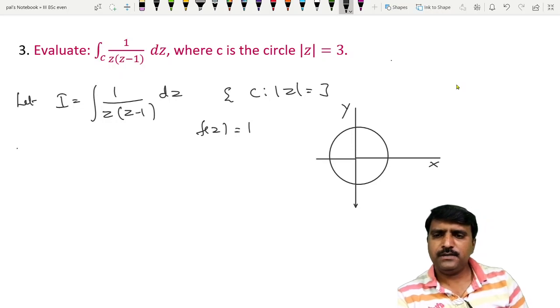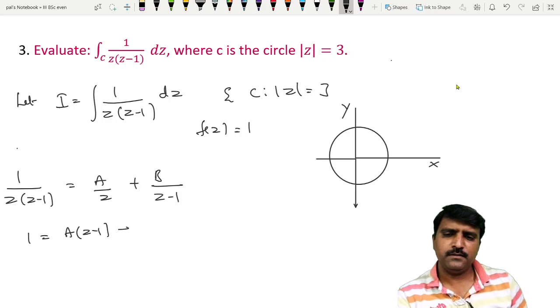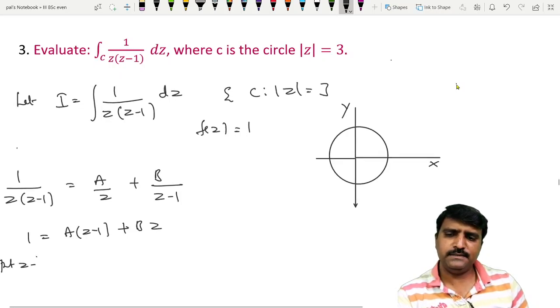Now you take this 1 by z into z minus 1 as a by z plus b by z minus 1. So resolve into partial fractions. Now after this you write 1 is equal to a into z minus 1 plus bz. Put z is equal to 0.